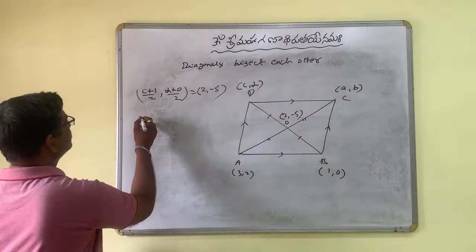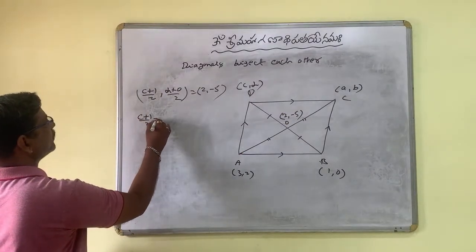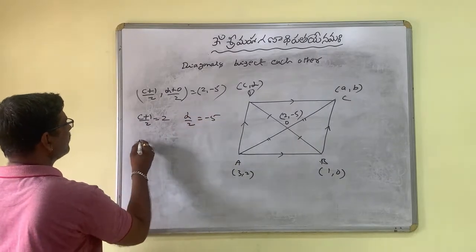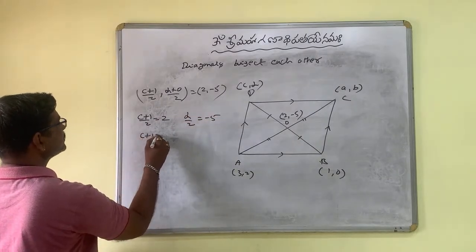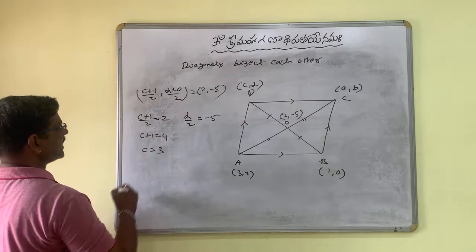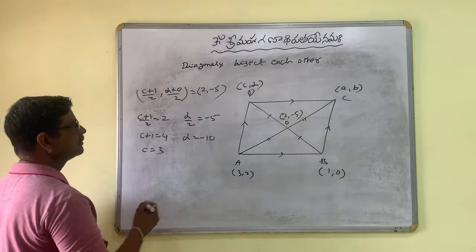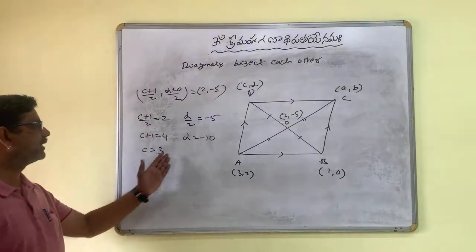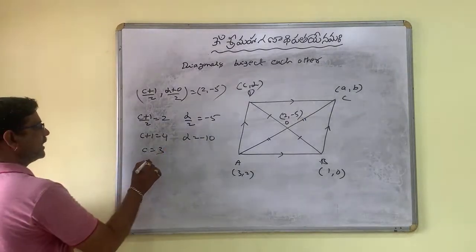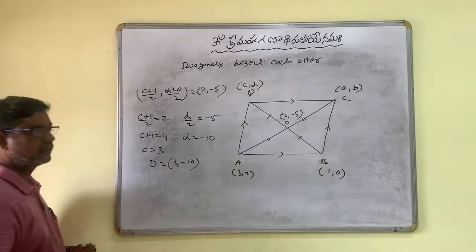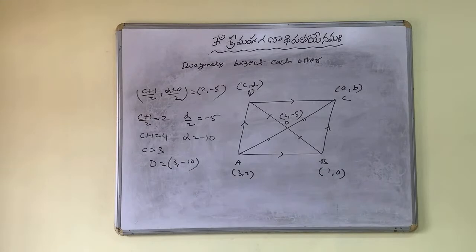Now equate: c plus 1 by 2 is equal to 2, d by 2 is equal to -5. c plus 1 is 4, c is 3 and d is -10. So the coordinates of D are (3, -10).